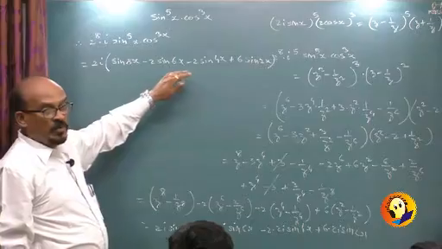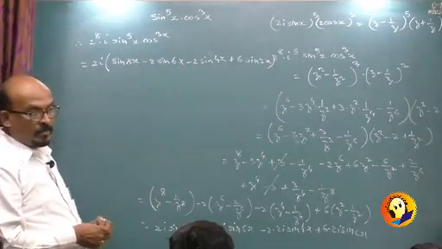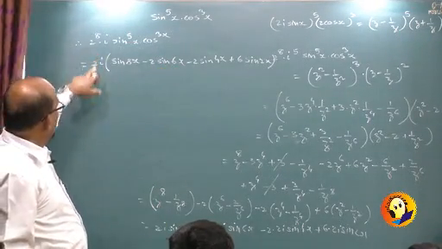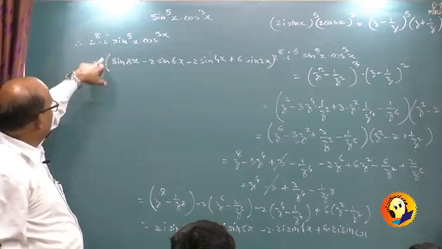And then you apply the formula. So 1 upon 2 raised to 7 will be there, i cancels.